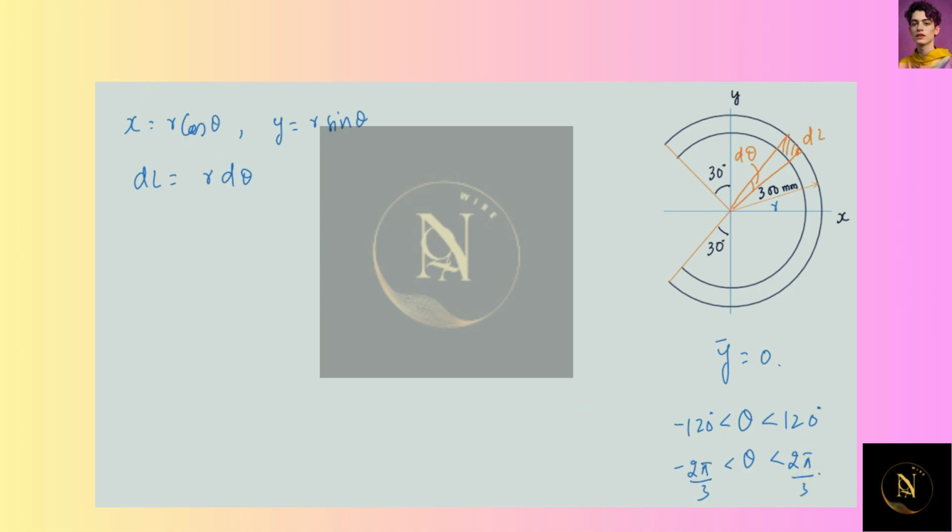Now the x coordinate for center of mass is given by the expression x bar equals integral x dl over integral dl. Now x we have r cosine theta, so we can plug it here, r cosine theta, and dl we have r d theta, divided by integration dl.